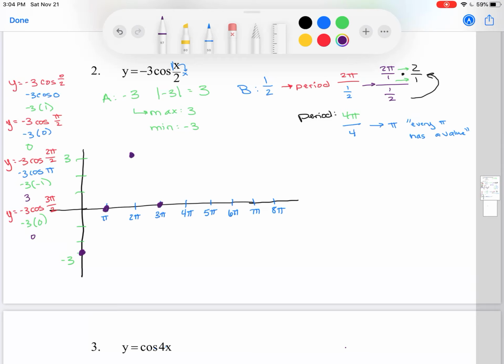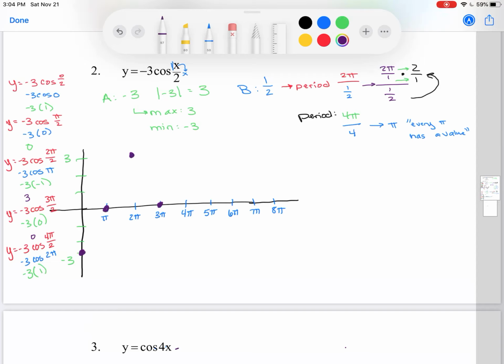I can keep doing this if I don't see the pattern quite yet, that is fine. Cosine at 3 pi divided by 2. Well, cosine at 3 pi/2 is going to be 0. So my point will be at 0 on 3 pi. And then for the last one, that's where my period is going to end.